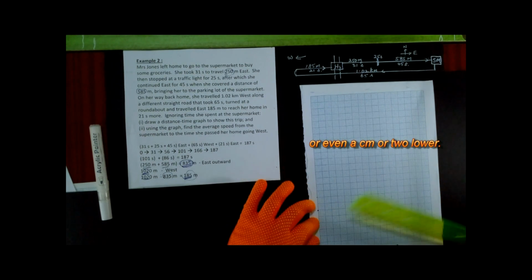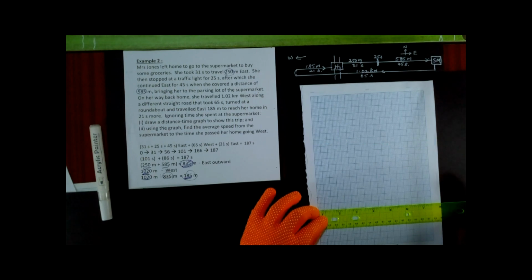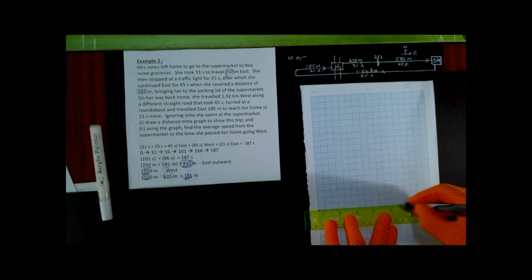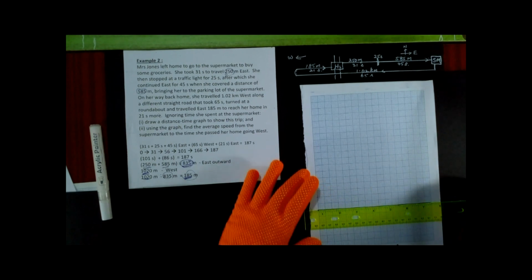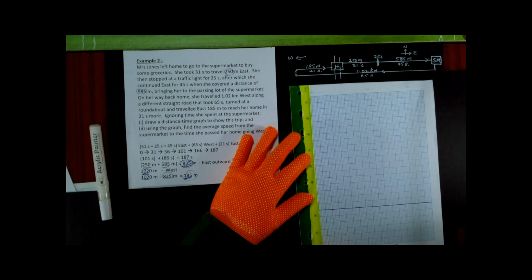So what we'll do, we will draw our x-axis here. And this will be our y-axis.